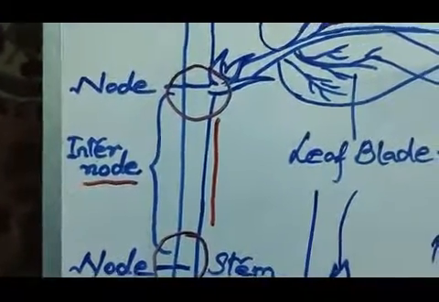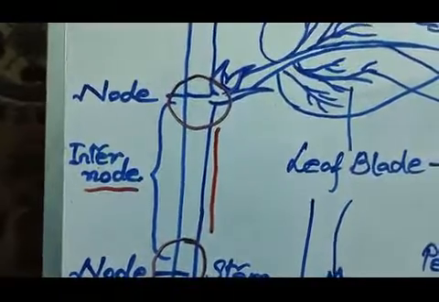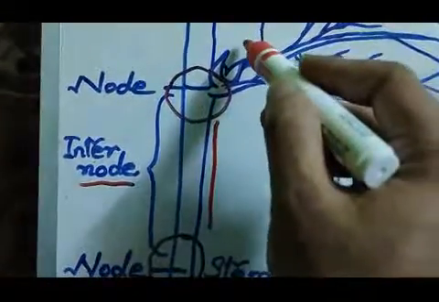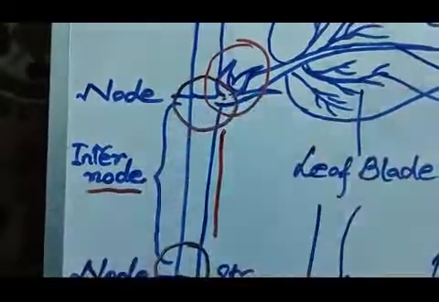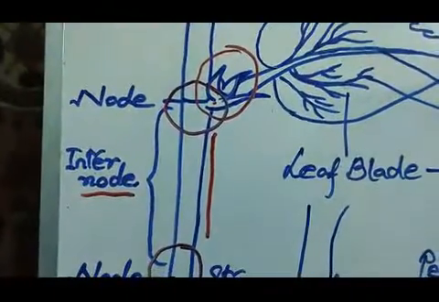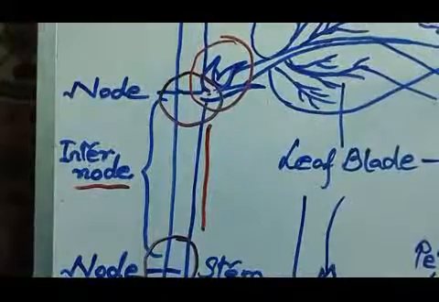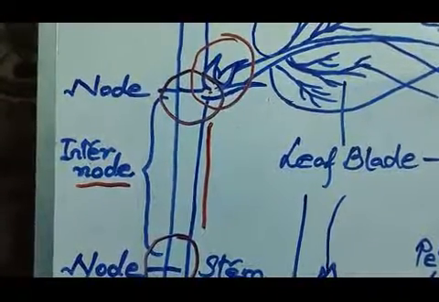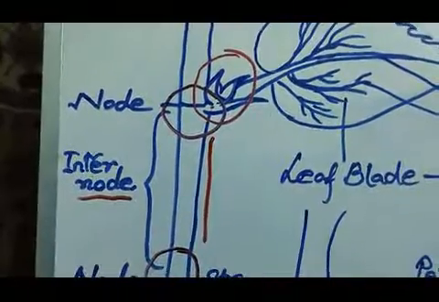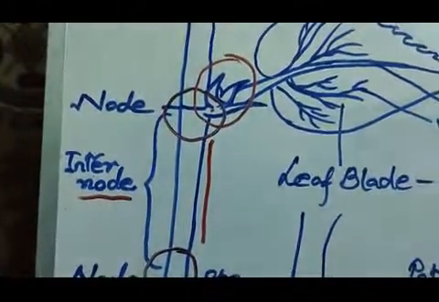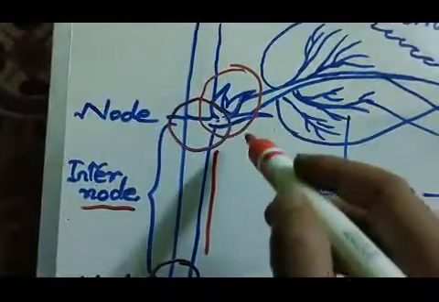In this leafy part, there is a basal part. You can see this basal part, which is the part with which the leaf is attached to the stem. It is called the leaf base.